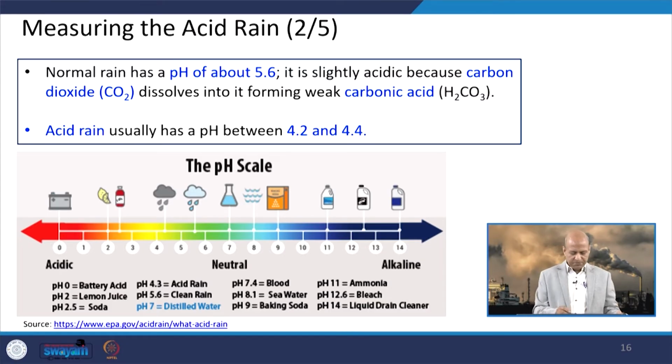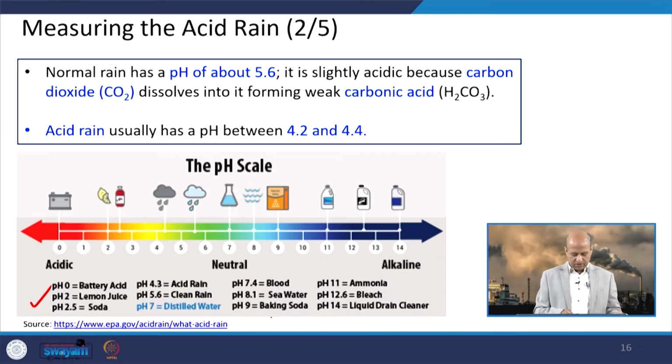So, you can see on the pH scale, it has been shown for all kinds of things: battery acid pH 0, lemon juice pH 2, soda pH 2.5, acid rain 4.3 or so, distilled water pH 7 because it is neutral, blood around 7.4 or so, sea water around 8.1, very alkaline saline water.